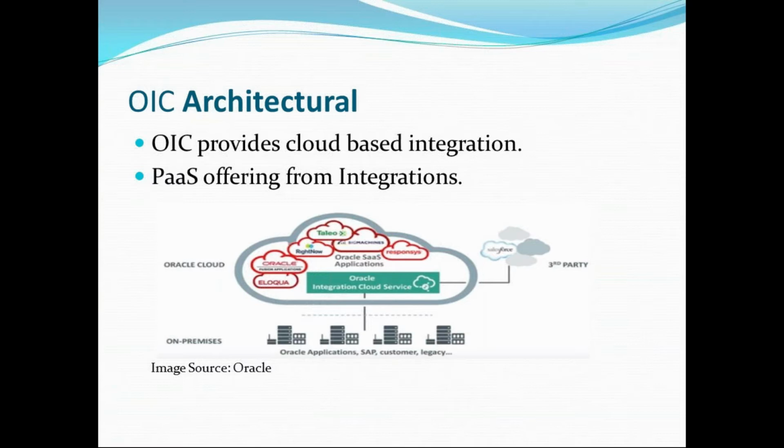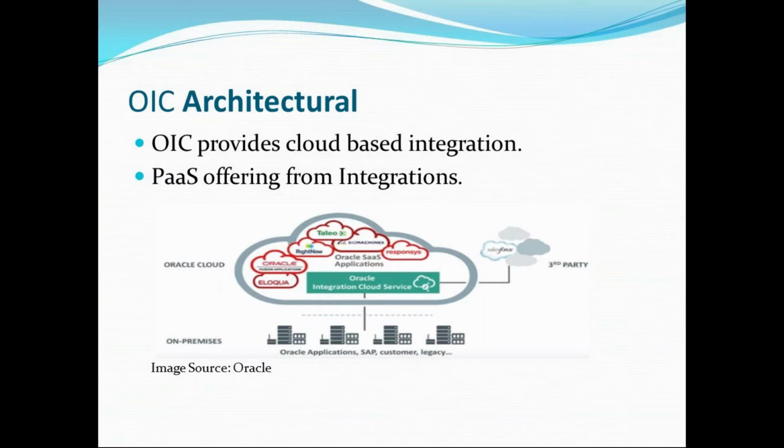Second, it gives you a PaaS offering for integrations. PaaS stands for Platform as a Service. What the PaaS offering from OIC basically gives you is different components where you just need to create instances of those platforms, and they are ready for you to use directly.